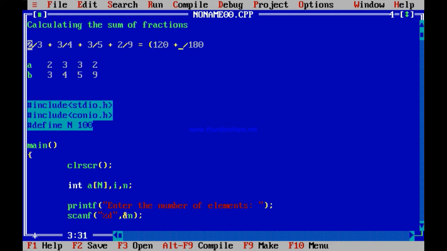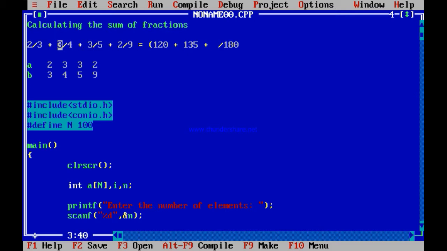So, 120 plus what? See, 180 divided by 4 is 45. 45 into 3 is 135. That is how you add fractions.